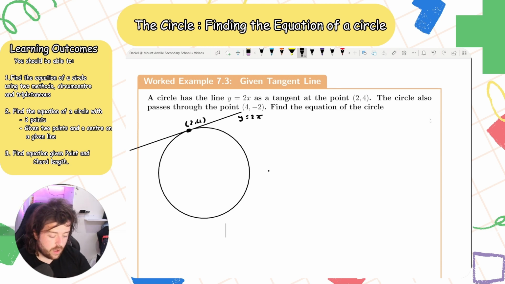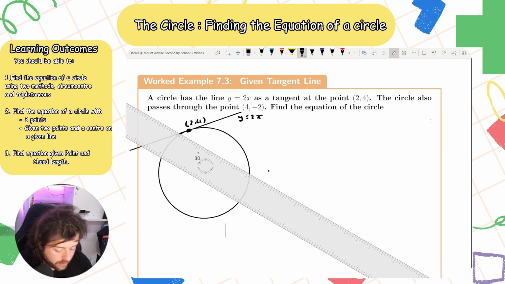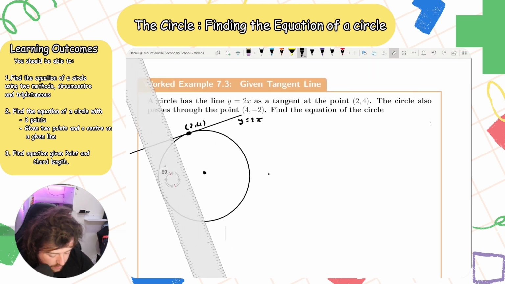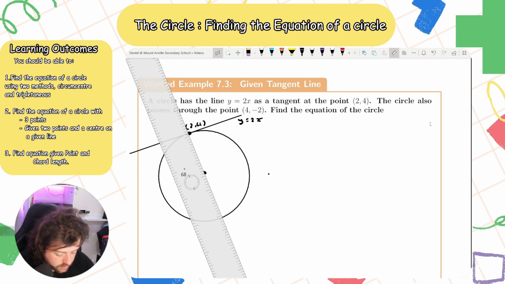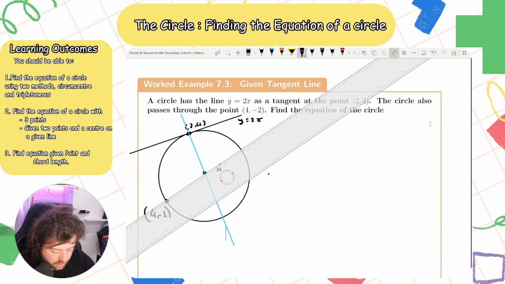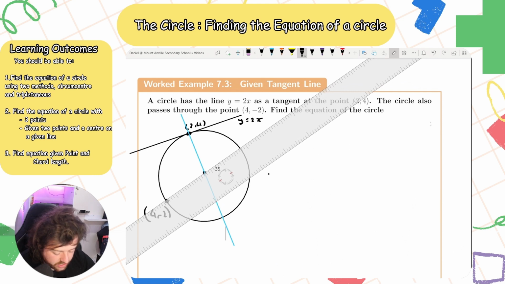So what do I know about this? Well, I know the perpendicular line that goes through 2, 4. So say this is my center point here. The perpendicular line that goes through 2, 4, that's perpendicular to y equals 2x, is going to go through my center. So that's probably some information I'll need. And then another point along the line is 4, 2. Again, probably not correct, but correct positioning, but you get the gist of it.